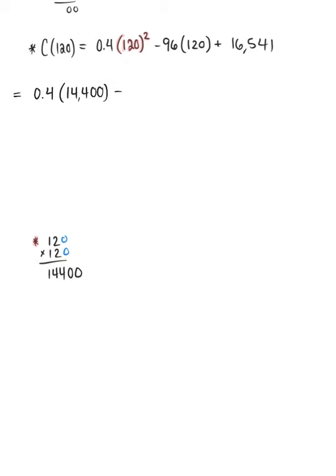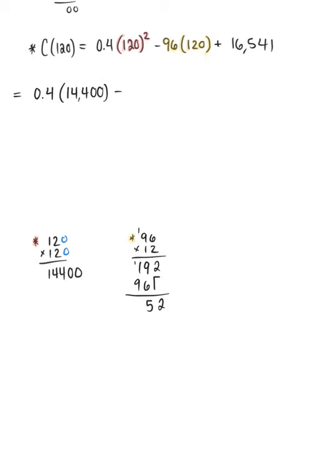minus, now again, we have to do this product out by hand. So I'm actually just going to think about multiplying 96 times 12, and then we'll add that ghost zero in after. So I have 2 times 6 is 12, 2 times 9 is 18, plus 1 is 19. Then we have 1 times 6 is 6, 1 times 9 is 9. So we have 2 plus nothing is 2, 9 plus 6 is 15.